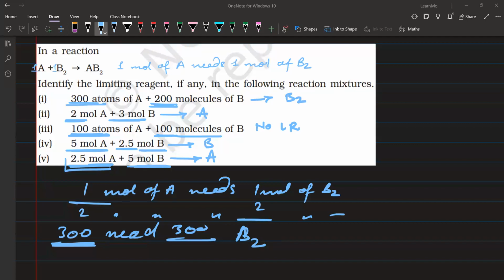No, atoms and molecules are not the same thing. Done, everyone?